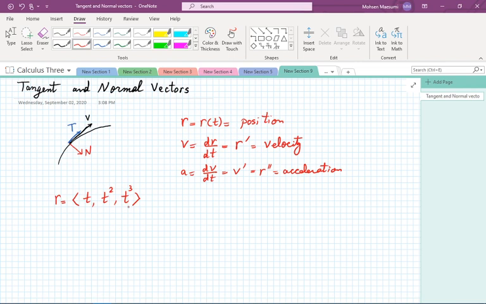Simple example. This is a trajectory in space. What do we want to find?